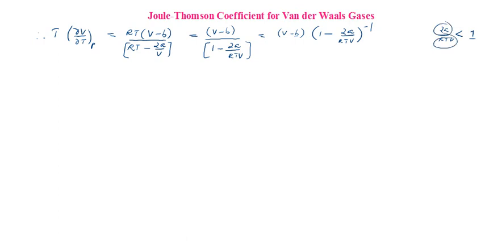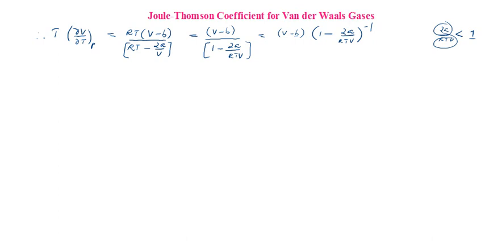So this is of the form 1 minus x raised to n, and we can go for the binomial expansion whenever this x is very small, less than 1. Since this quantity is small, I can truncate all the higher terms and retain only the first term. So it will be 1 minus nx, so it will become plus.